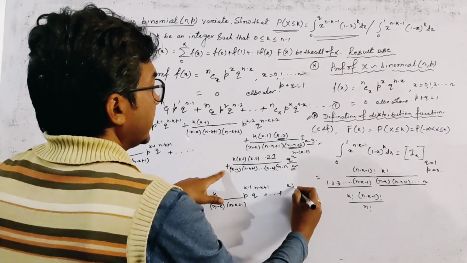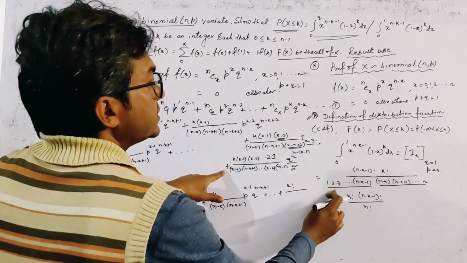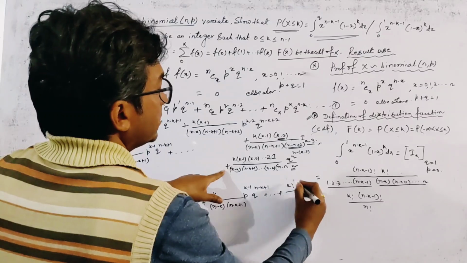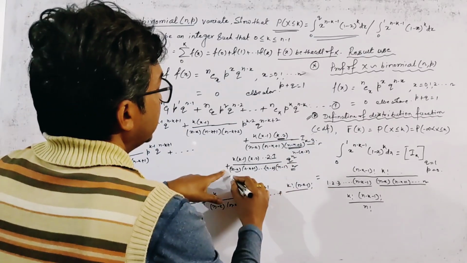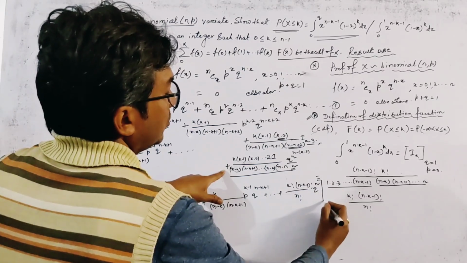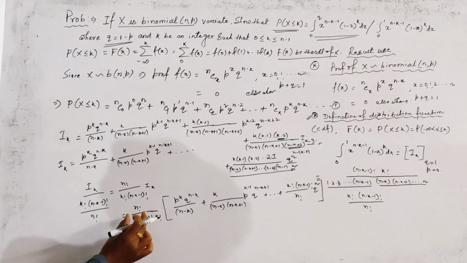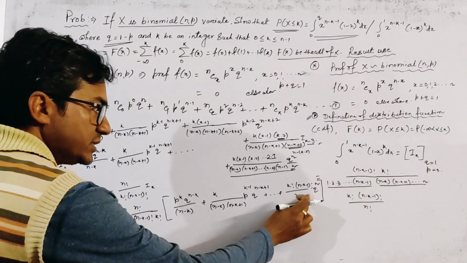This is k factorial by, obviously from here we write, if we multiply the numerator by n minus k minus 1 factorial, then we get from here n factorial into q to the power n. Okay.